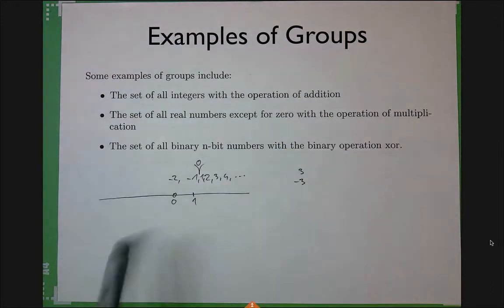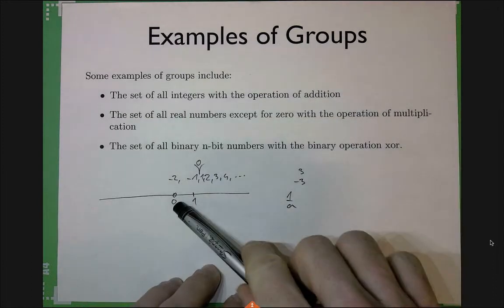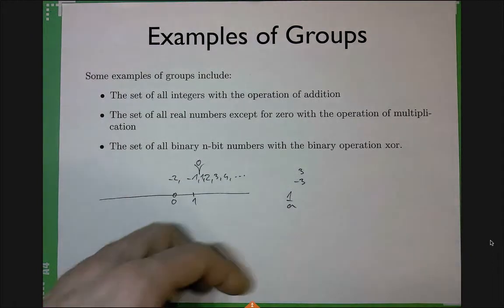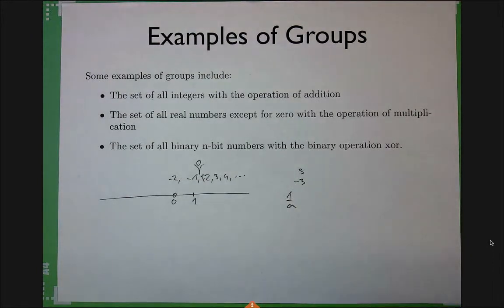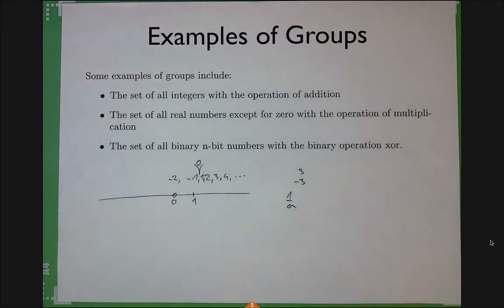Because 1 multiplied by anything gives me that anything back, right? That's nothing special. And inverse is just 1 over a. That's why I had to take the 0 away, because I cannot really divide by 0. Or I could, but I would have to define it somehow, and there is no easy way to define it. So this second one is another very elementary example of a group.